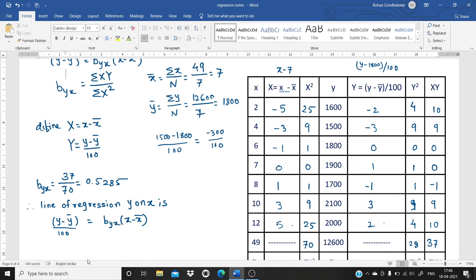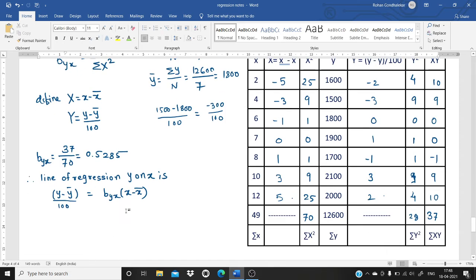So I am dividing by 100, so I'll go with divided by 100. If I am dividing by 2, then y will be y minus y bar upon 2. Suppose your capital X also goes with the change of scale, say x minus x bar upon 10, then here also I need to write x minus x bar upon 10. So whatever change you make in the table, the same should be incorporated in this formula. Are you clear with this?